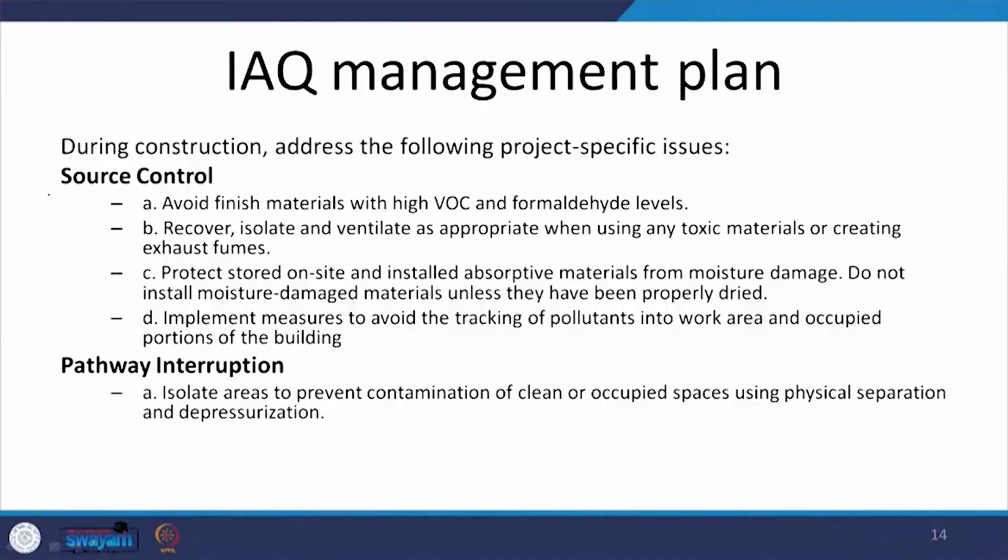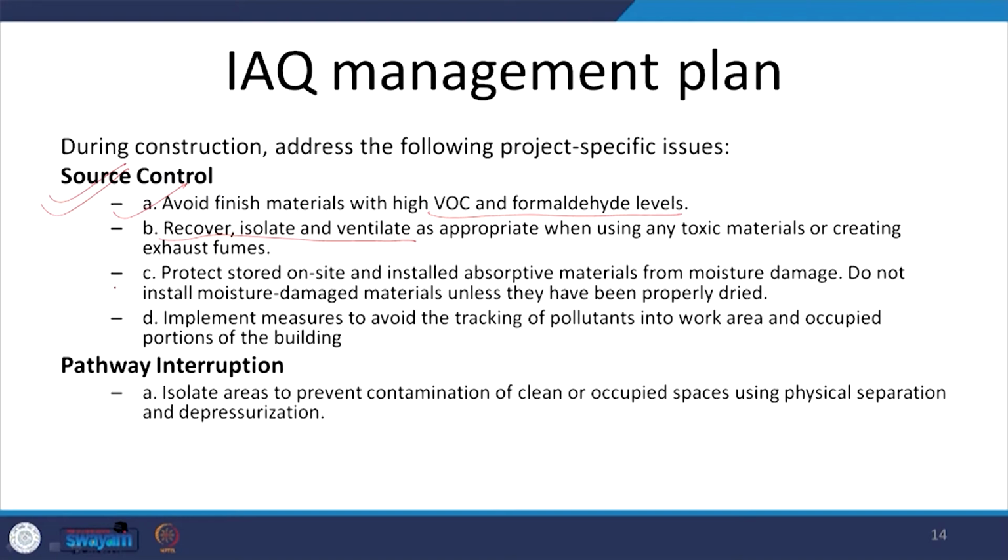Also during construction we have to control the source of pollutants. So, we have to avoid using materials which have high VOC and formaldehyde levels, which we have also discussed in the previous lecture. In case a toxic material is brought in, we have to immediately recover, isolate and ventilate if there is a toxic material or any exhaust fumes are created.